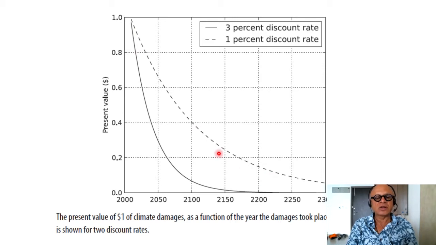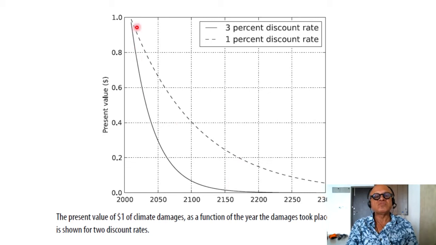So the present value of $1 of climate change as it occurs in the future shows that if you assume a 1% discount rate, then even if the climate damage is happening as far into the future as 2300 Common Era, we are in 2021 now, even damages in 2300 are contributing to the $1 you are investing now to protect against those damages.